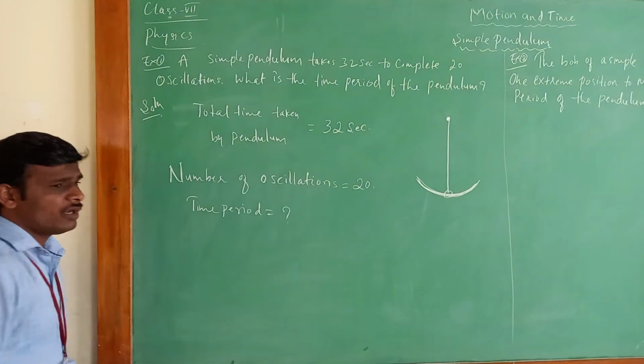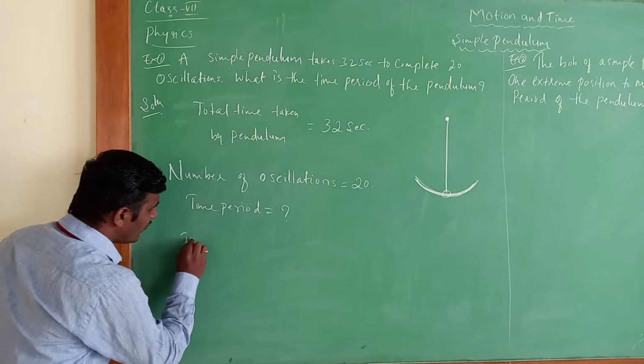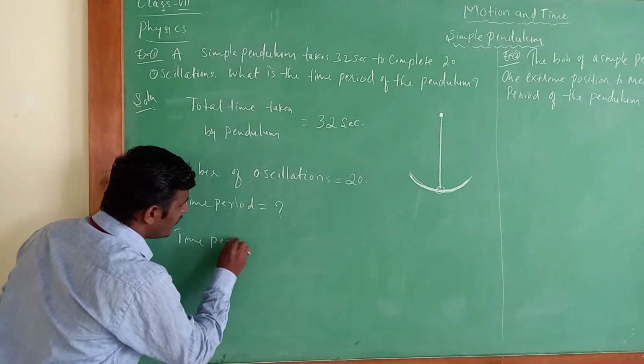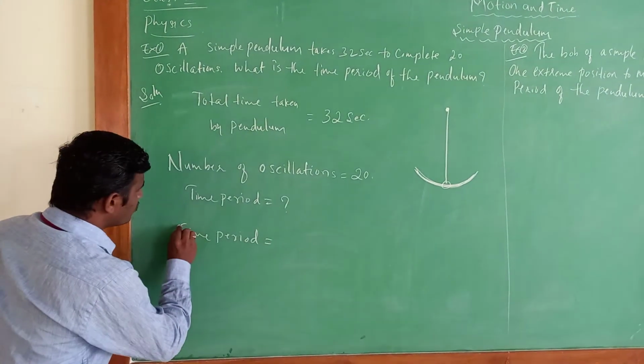So we have the formula for time period. Time period is equal to, what is the formula?